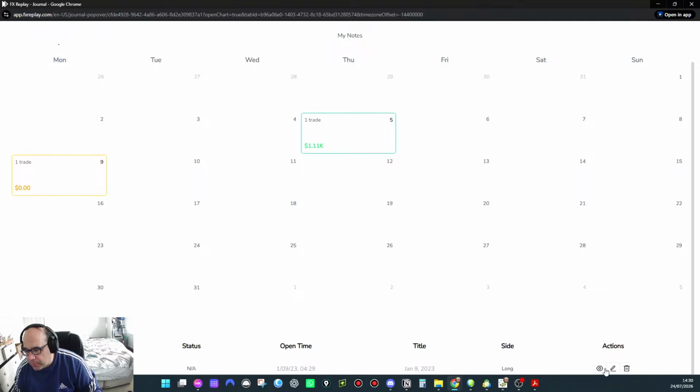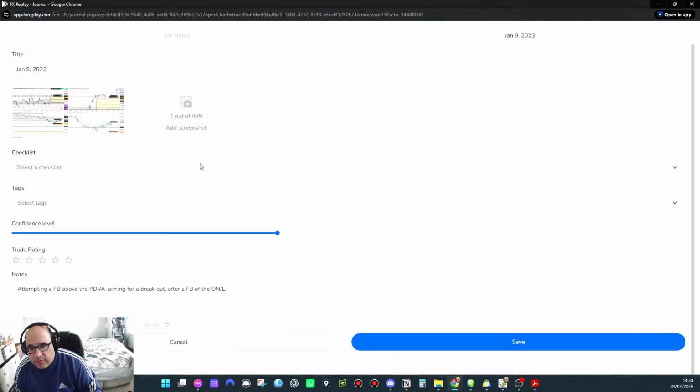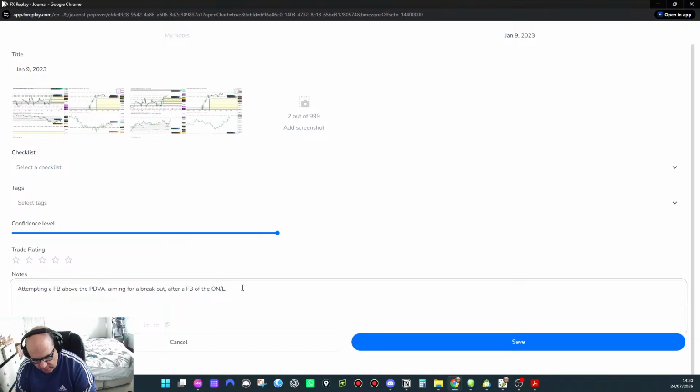Open it. Add the screenshot. Again, I'm gonna write TP1, TPR here, as the first liquidity zone, leaving a runner to the swing highs.